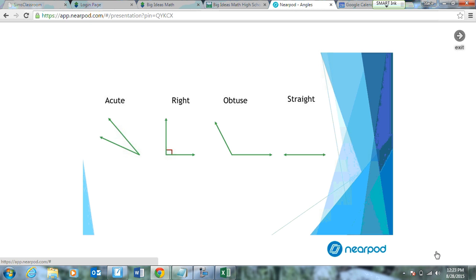And straight angles have a measure of 180 degrees.